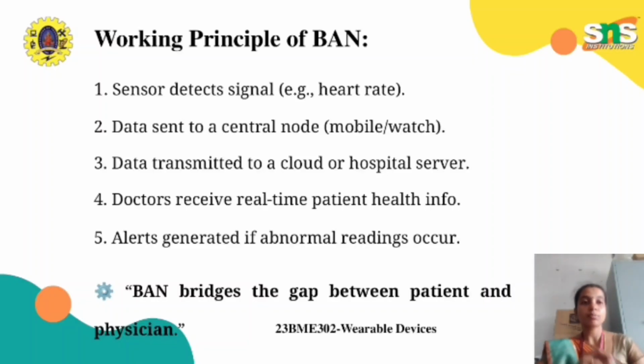Next is the working principle of a BAN. How does it work? Sensor detects signals. Example, heart rate. The heart rate will be sensed continuously. The data is sent to a central node, maybe a mobile or a smartwatch, whatever it may be. Data is transmitted to the cloud or hospital server.